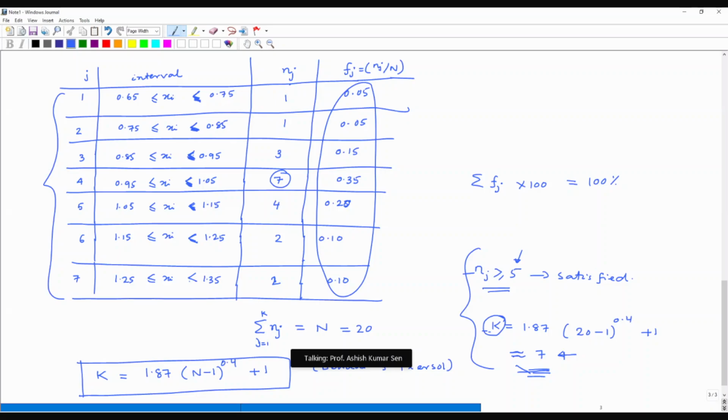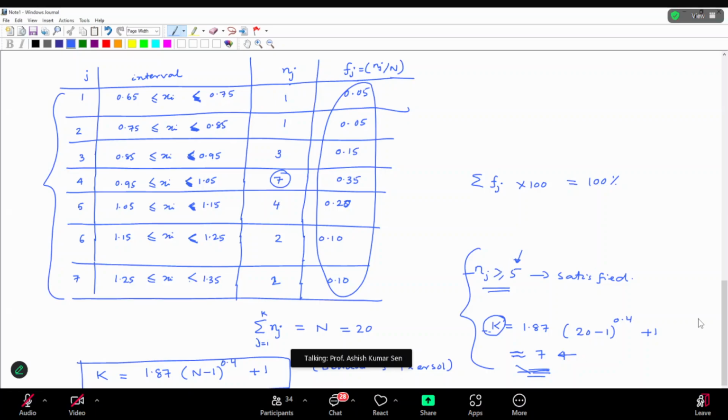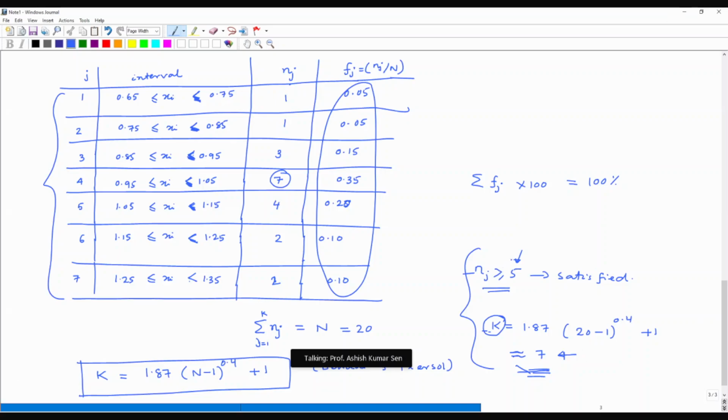Yeah. So this is something that comes from the theory of statistics, that in order to use the histogram method, there should be at least one interval which represents a number of data points that is greater than or equal to 5. I am not going to talk about the theory, but this is well established. Just one doubt.